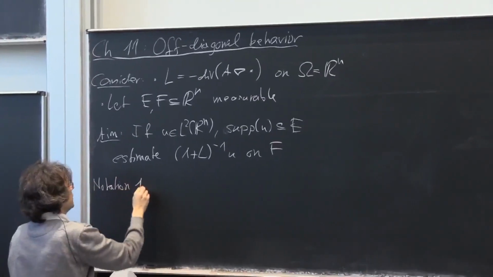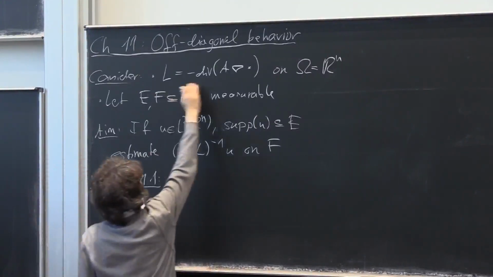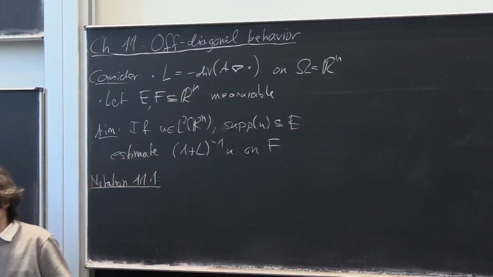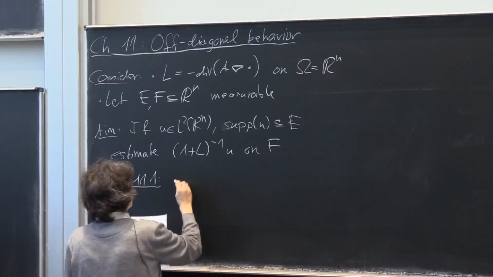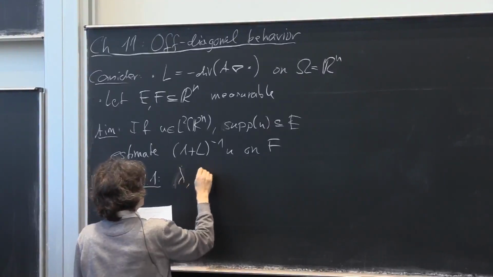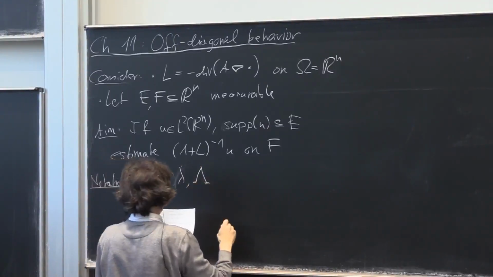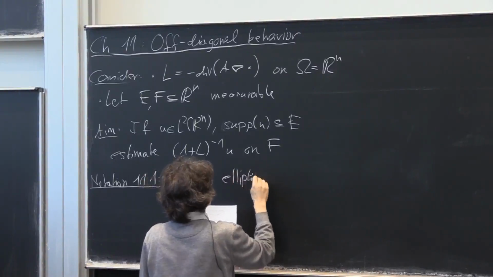As usual, we have some general notation for this lecture. Part of it is already here. So A is again an elliptic coefficient matrix, complex valued. There are ellipticity constants, and they are, as usual, denoted by small and capital lambda.